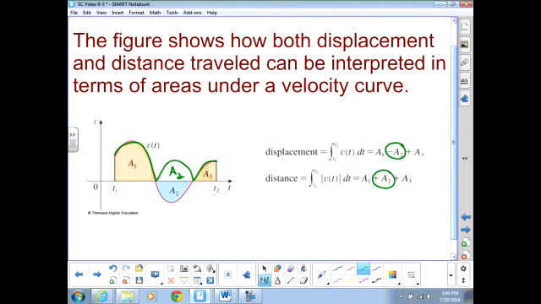We just added on the positive version of that, and that can tell you the total distance that you traveled. And one other way to think of it, so say you went 5 this way, and you went 4 back that way. Well, our 5 in our integral would show up as a positive 5. The 4 would show up as a negative 4. But we just think of it as a 4 and say, okay, we traveled 9 altogether.